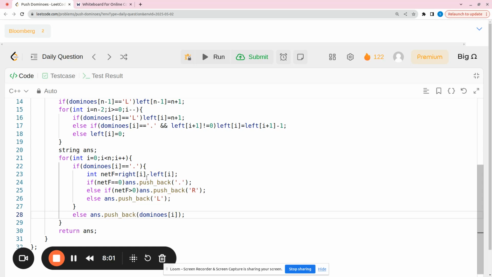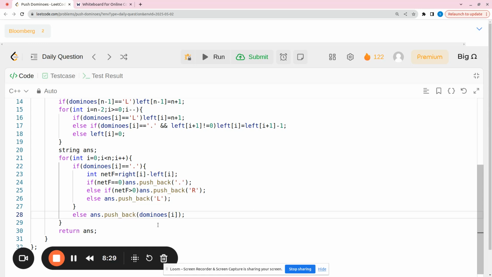If the net force is negative, that is left is greater than right, this domino should fall in the left direction. Now there is another case: if we have already pushed this domino, like dominoes of i is equal to R or L, in that case it will fall in that direction only.